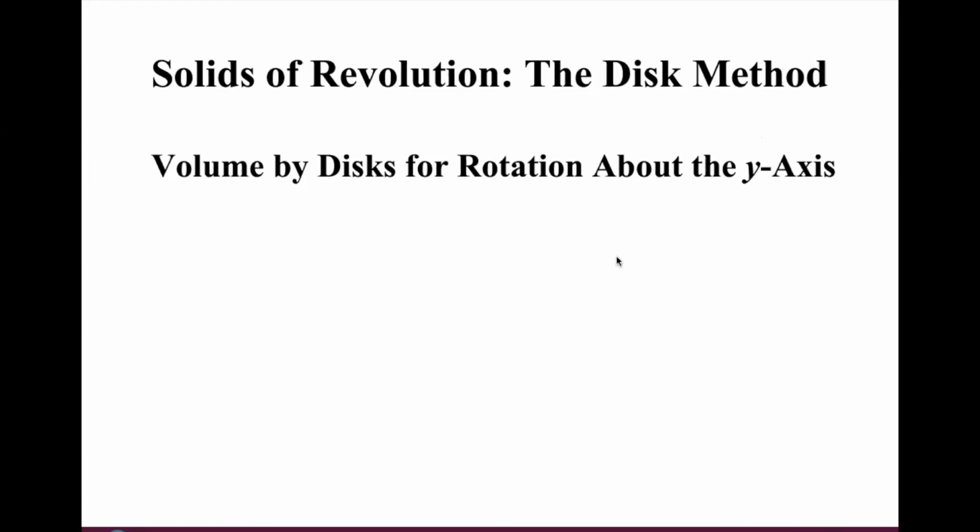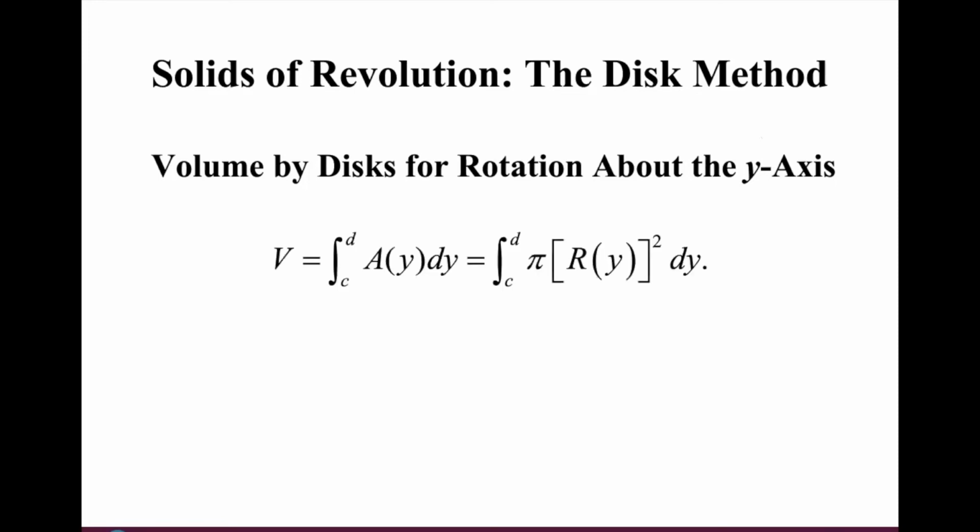All right, in this next example, we'll find the volume of a solid of revolution that is generated by revolving about the y-axis. So same formula. This time the limits of integration c to d are y values, and the function has to be written x equals a function of y.